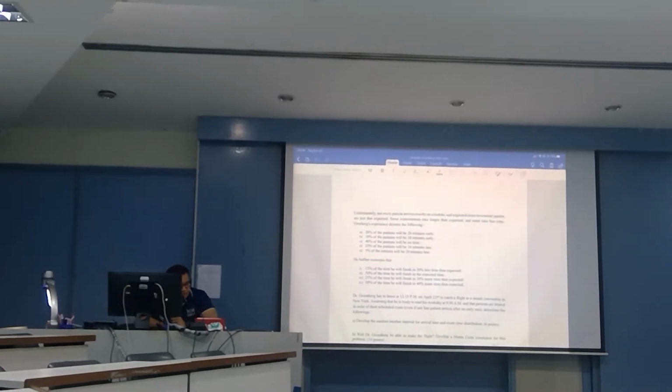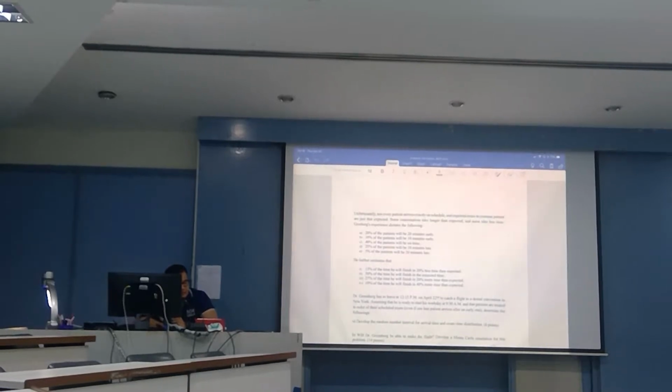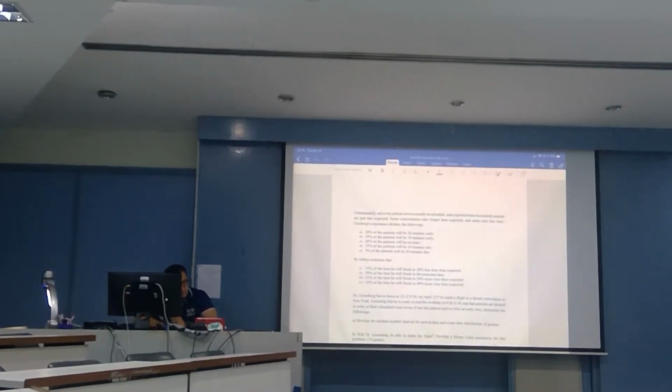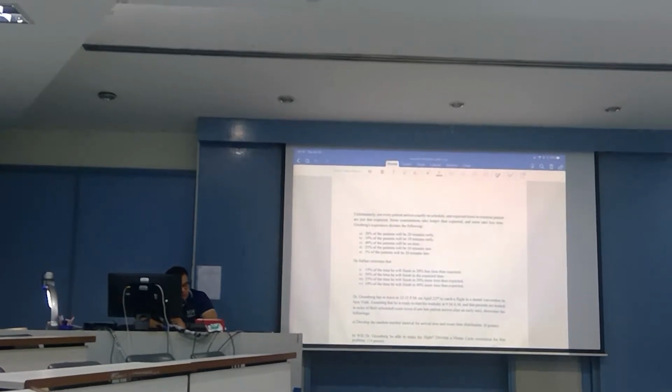He estimates that 20% of the time the patient will be 20 minutes early, 10% 10 minutes early, 40% on time, 25% 10 minutes late, and 5% 20 minutes late. He further estimated that for exam time, 50% of the time he will finish in 20% less time than expected, 50% equal to expected time, 25% equal to 20% more time than expected, and 10% of the time he will finish in 40% more time than expected.